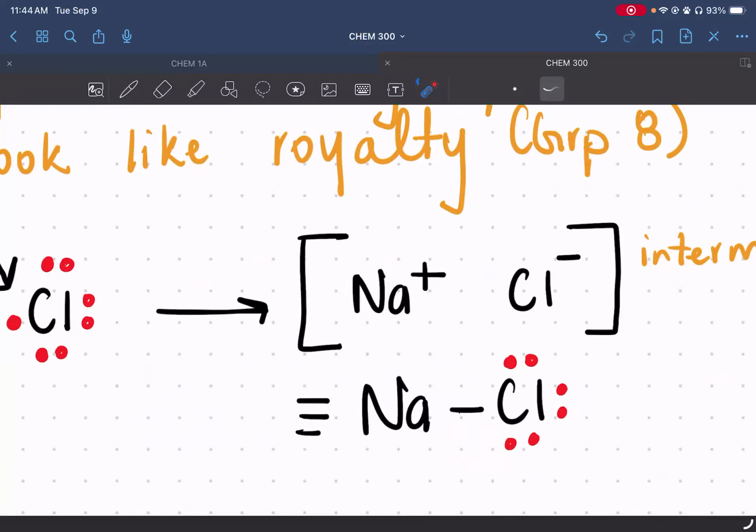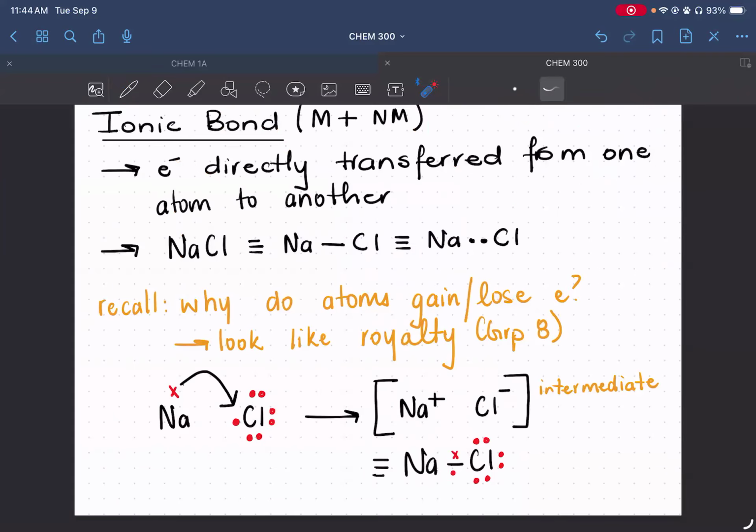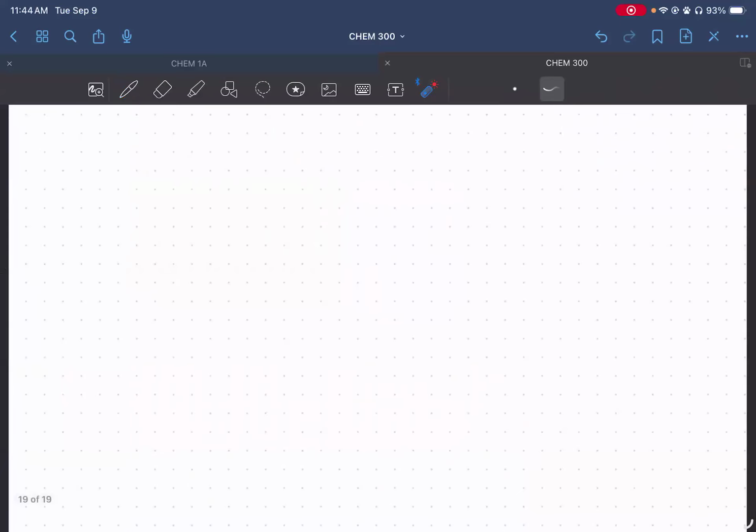And it's important to remember that within this bond is where the 2 electrons are held. I'm simply drawing them there so you can see that 2 electrons from both atoms are found in this bond. It doesn't matter which is on the top or on the bottom, of course. That's an ionic bond.